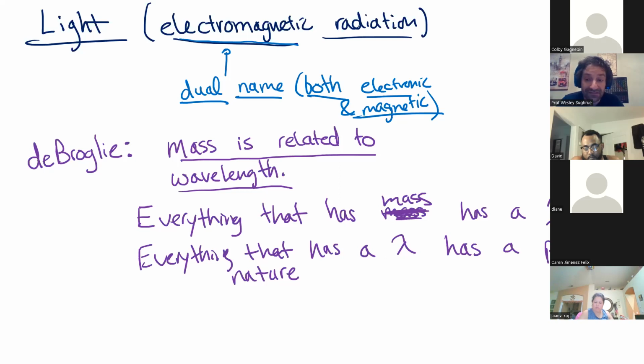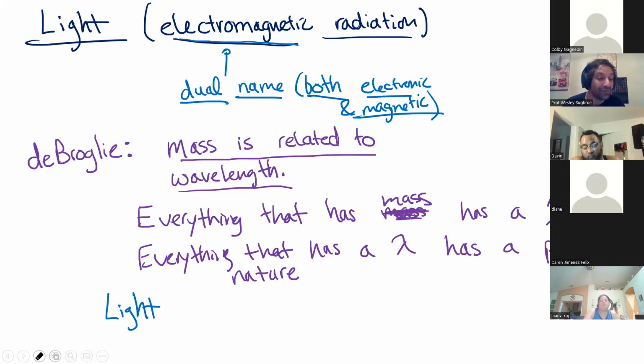So everything that has mass has a wavelength, and everything that has wavelength has a particle nature. Okay, so a whole lot of important research went on to prove this associated with his theory, and it was proven that light, we know from lots of experiments, etc., light, no, that's not how you actually speak, that's very improper grammar.